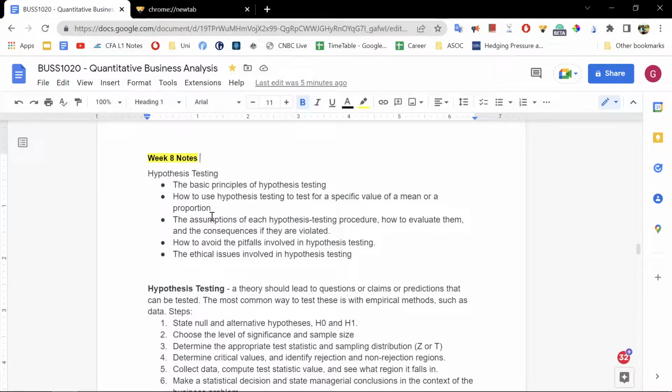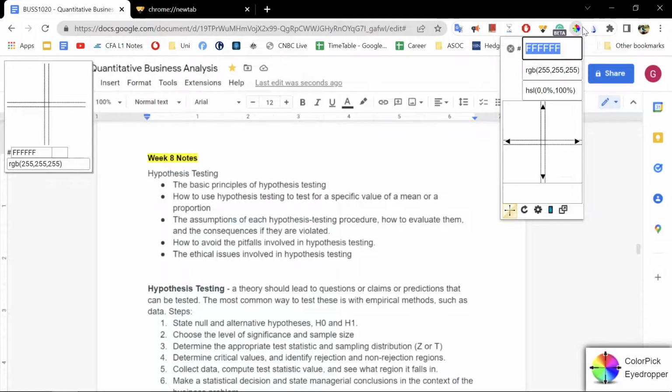Before we talk about concepts of hypothesis testing, here's something very interesting and a cornerstone of statistics and statistics notation.